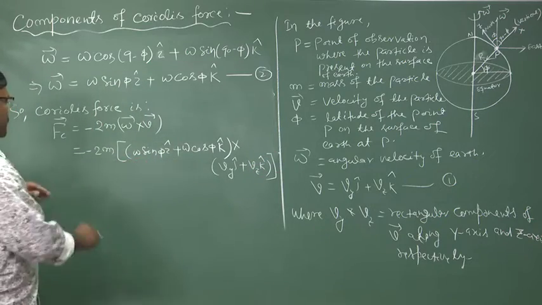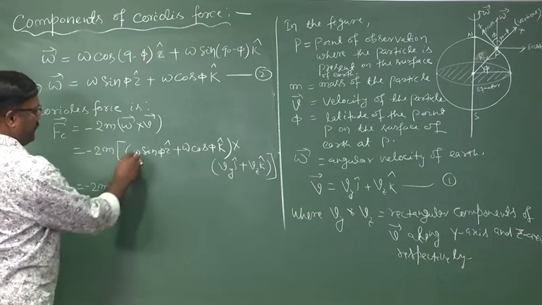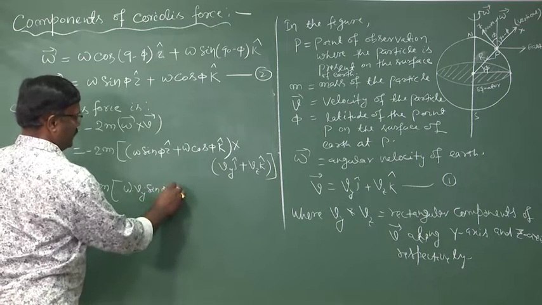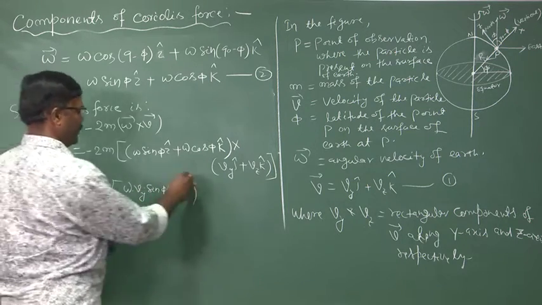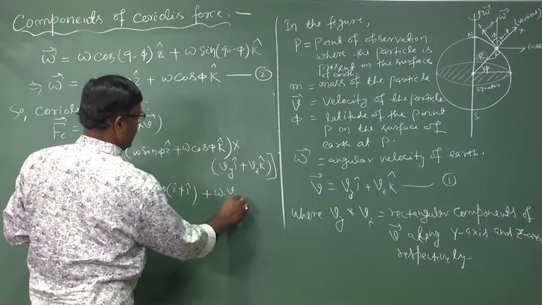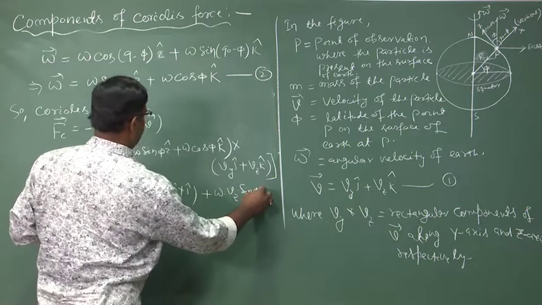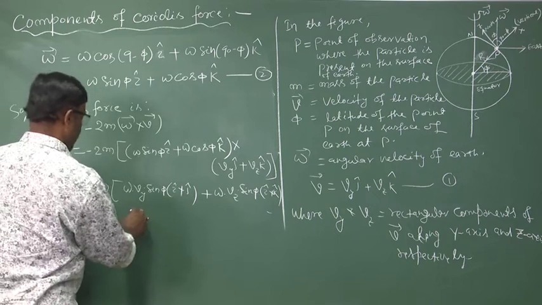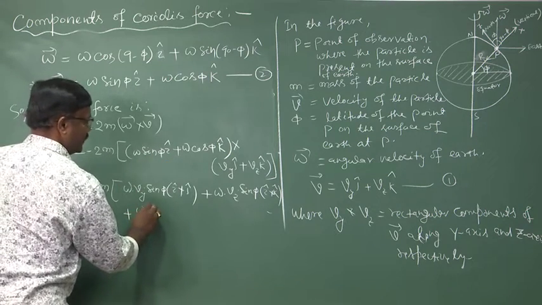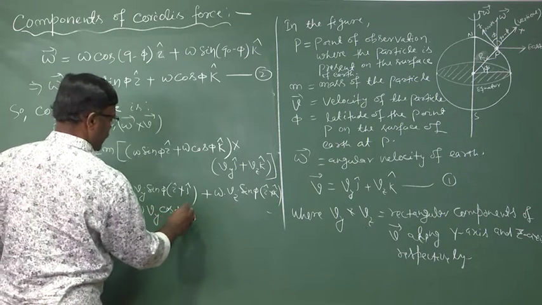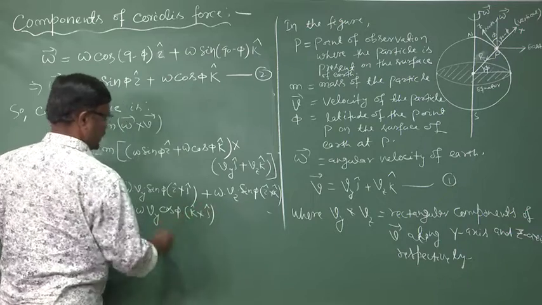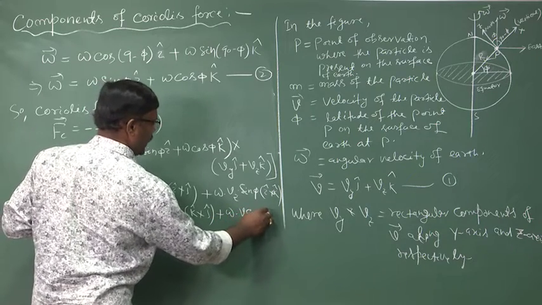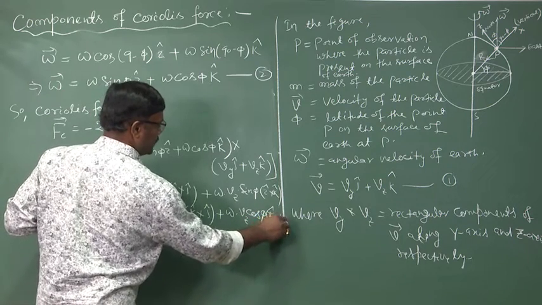Now, expanding these terms, we can write minus 2m omega into Vy into sin phi into i cap cross j cap plus omega into Vz into sin phi into i cap cross k cap plus omega into Vy into cos phi into k cap cross j cap plus omega into Vz into cos phi into k cap cross k cap.